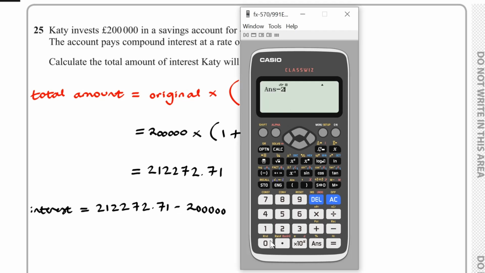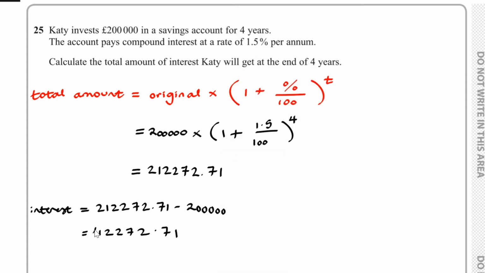So we subtract off 200,000 from this. So it turns out we get 12272.71. So this is our final amount. Okay. So here we have 12272.71.